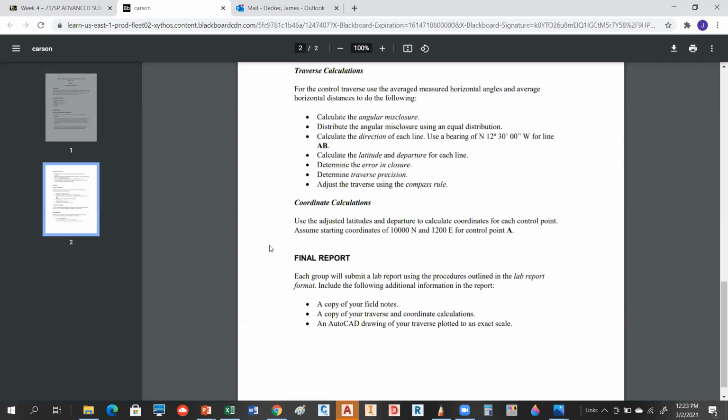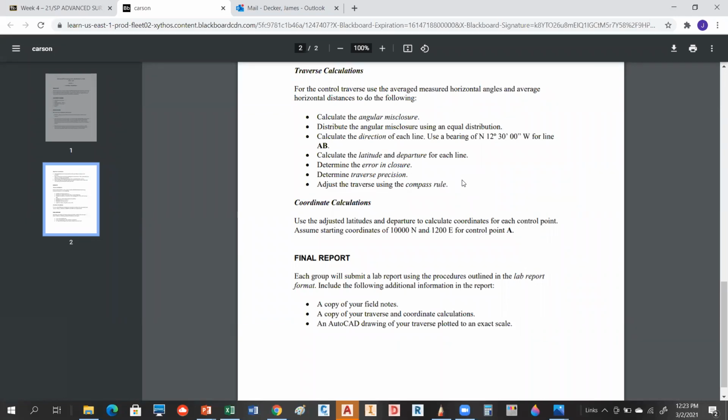You just mathematically get rid of it. All right, does that answer questions? Yeah, that makes sense. Okay, so also, you're going to have a really bad closure, but you're going to go ahead and do that compass rule adjustment. Just follow the rules for the compass rule adjustment, adjust it, and that's what I'm looking for.